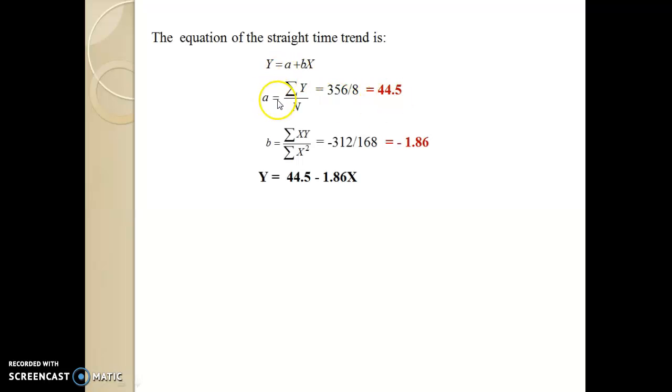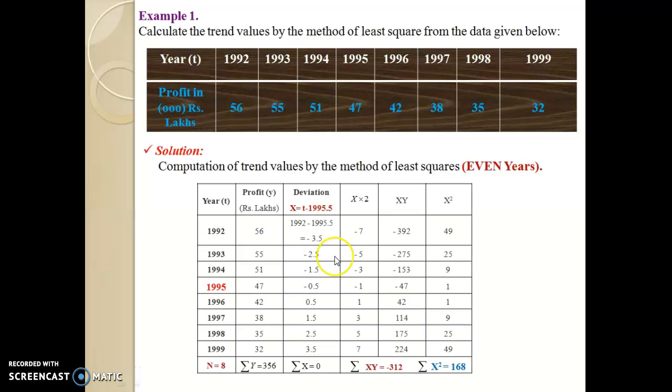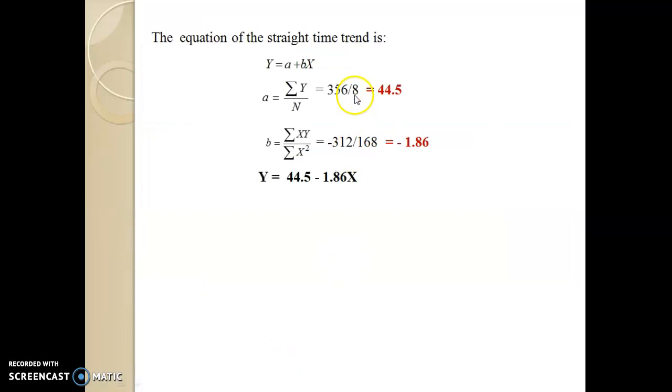As per the mathematical formulation, a is equal to summation of y divided by capital N, where capital N is the number of years, and 356, as per the previous table, is the profit. Divided by 8, it becomes 44.5. This is the value of a.